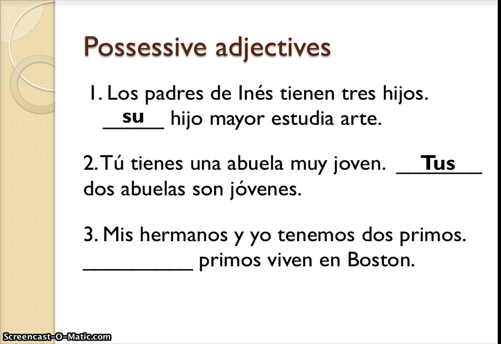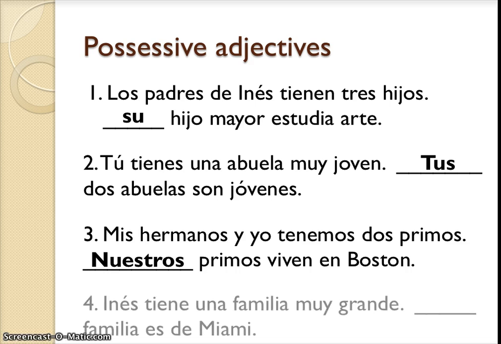Now, with the nosotros form, with the nuestro form, it can be masculine or feminine as well. And in this case, it's going to be masculine because it's primos versus primas. Okay, so nuestros primos.